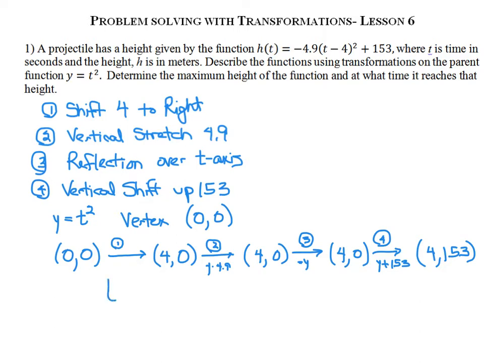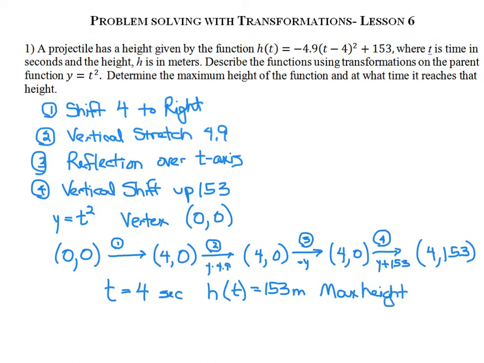The 4 is my t coordinate, so t equals 4 seconds is how long it's going to take for the projectile to get to its maximum height. The h of t coordinate is equal to 153. That represents meters, and that's going to be the maximum height of the projectile.